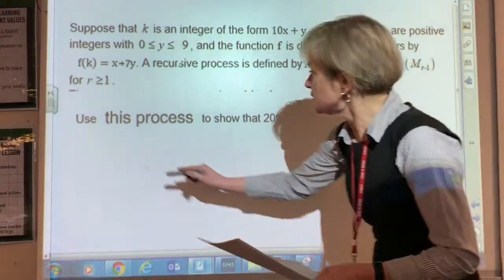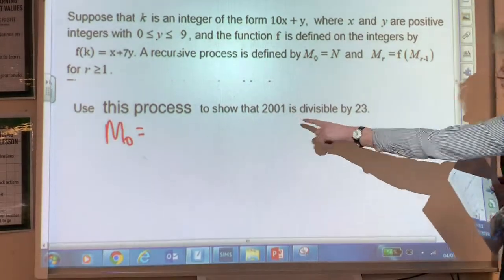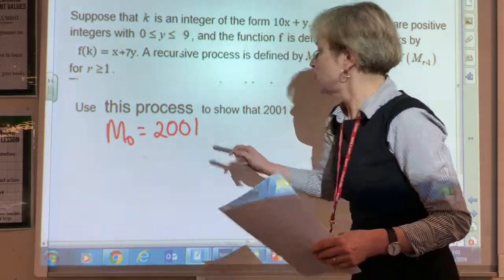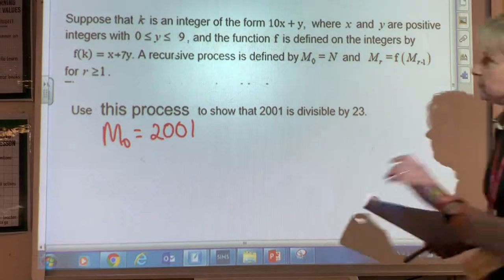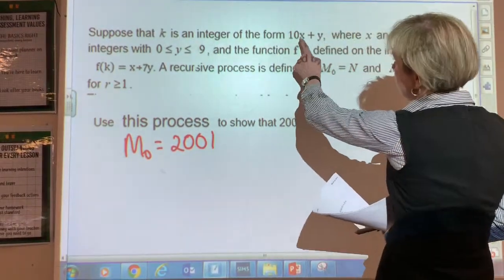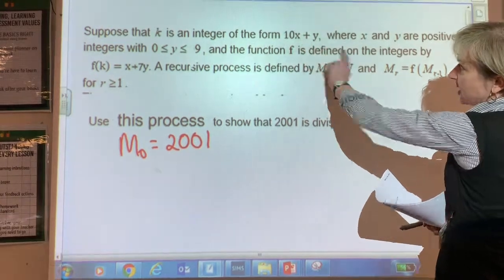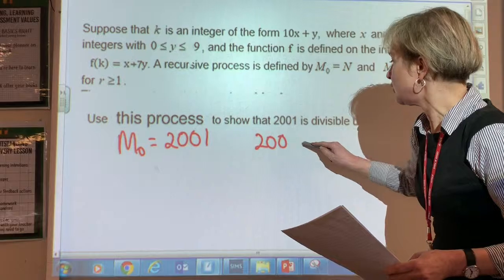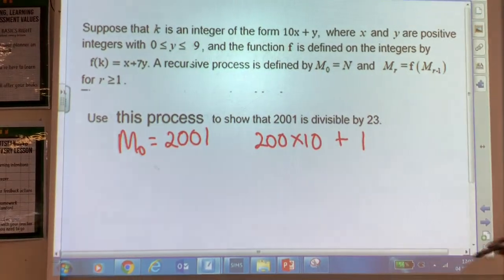You let your first value equal, so we want to show that 2001 is divisible by 23. So we let our first thing equal 2001. It wants you to rewrite your first value in the form of 10 times a number plus y. So you know that 2001 will be 200 times 10 plus 1.